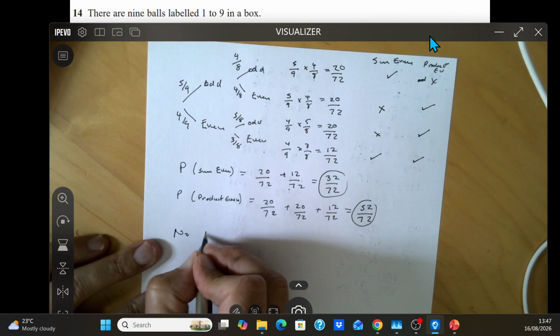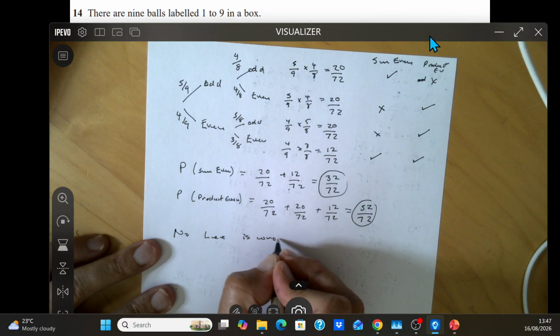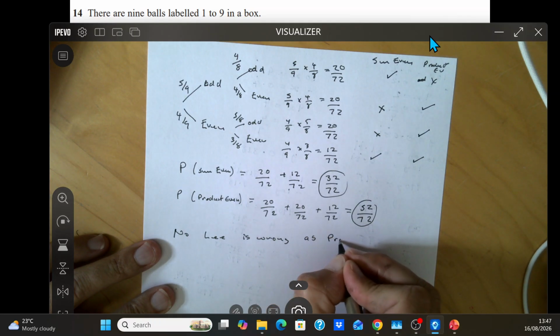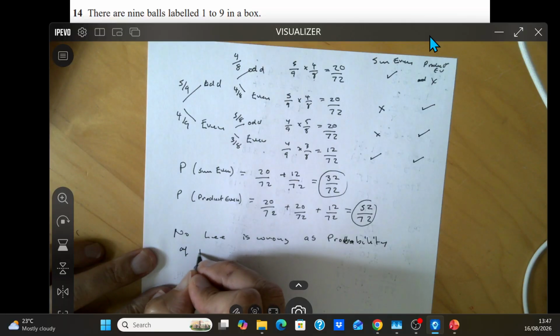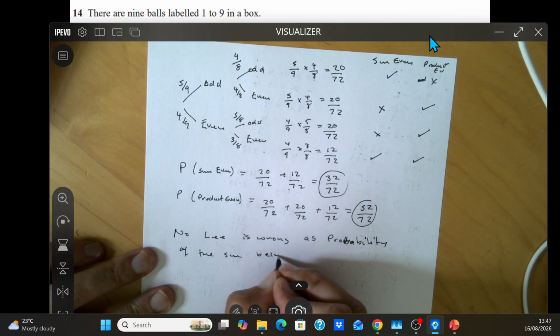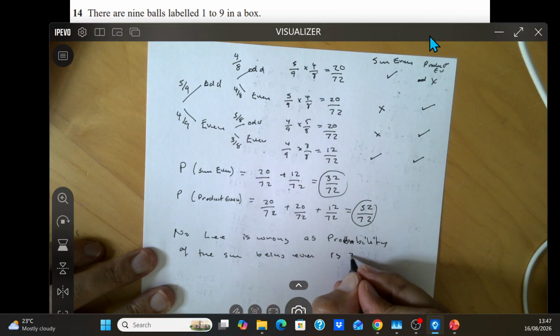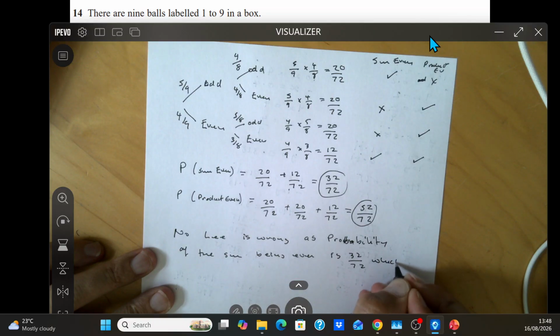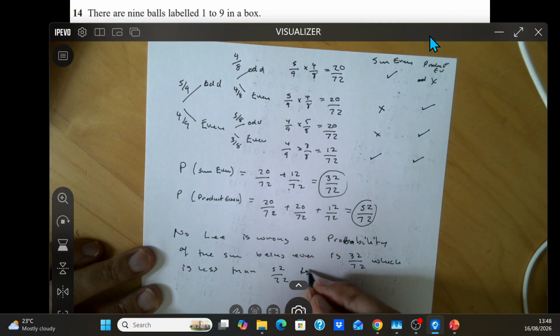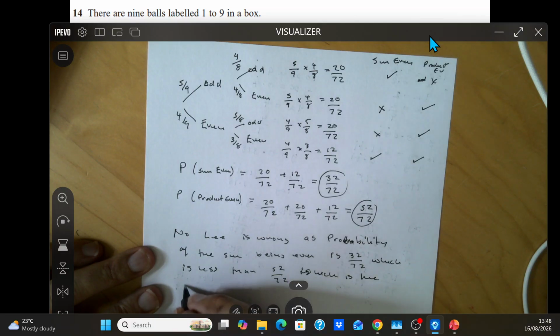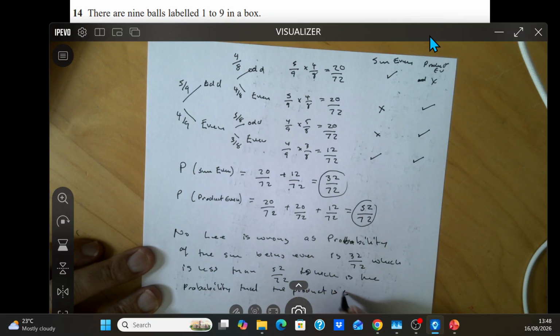So no, Lee is wrong, as the probability of the sum being even is 32 over 72, which is less than 52 over 72, which is the probability that the product is even.